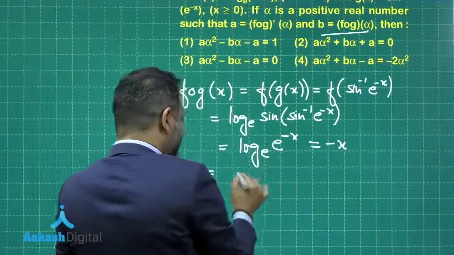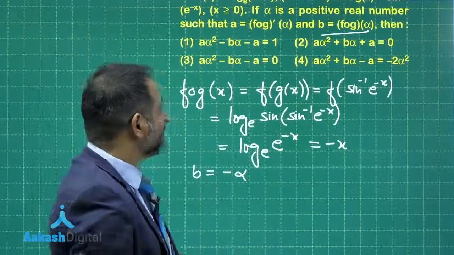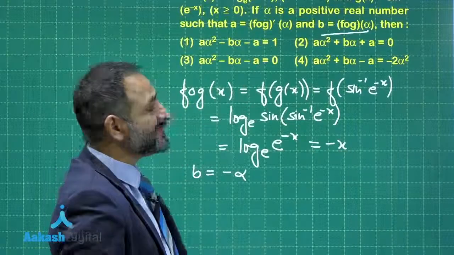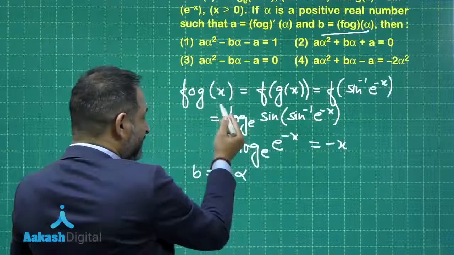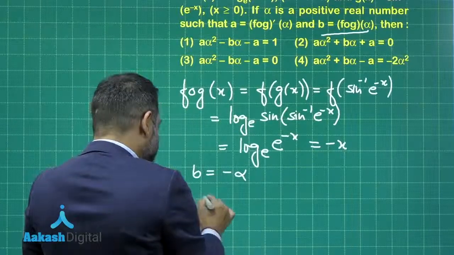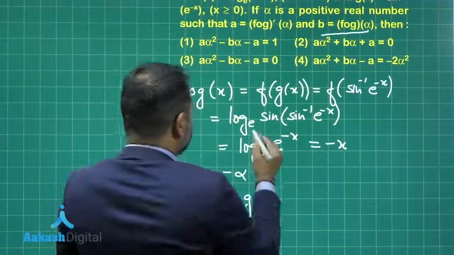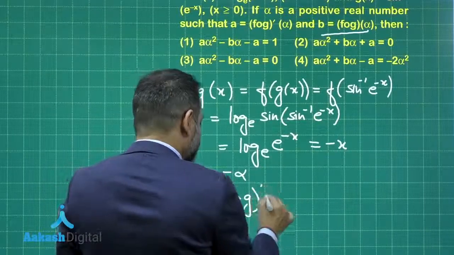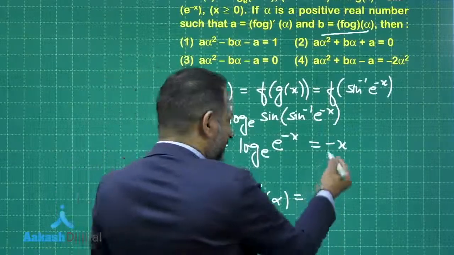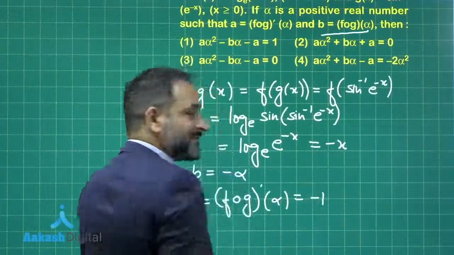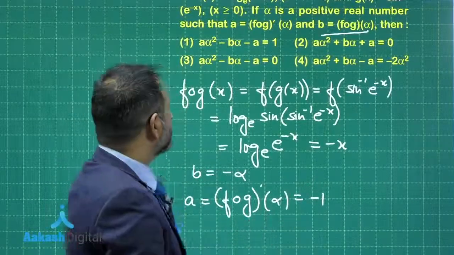So in place of x we put alpha, so b is equal to minus alpha. And what is a? a is the derivative of the composite function at alpha, so we have to differentiate this. If you differentiate this, you will get minus 1. So a is equal to minus 1. So the value of b is minus alpha and a is equal to minus 1.